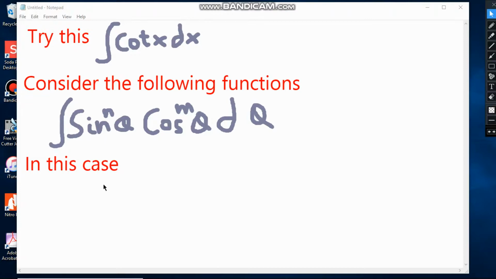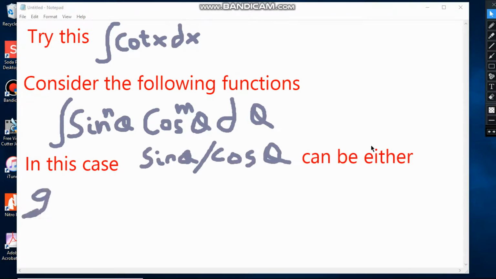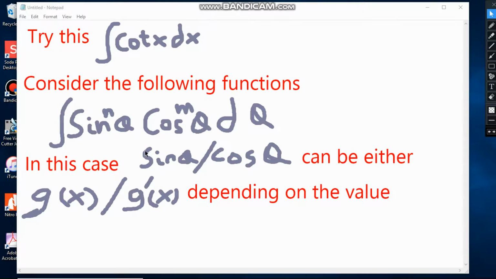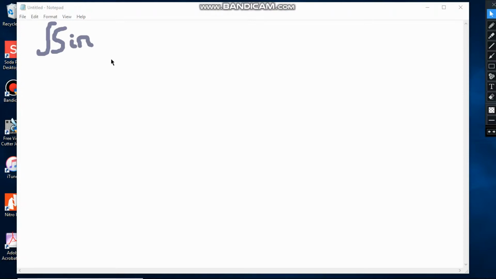In this case, either sine theta or cos theta can be either g of x or g dash of x, depending on the values of n and m. So we have this function.